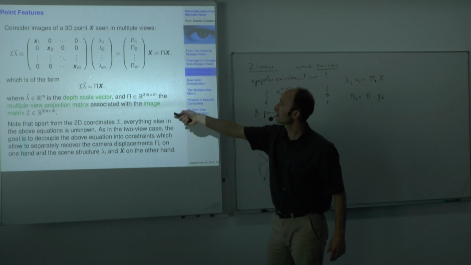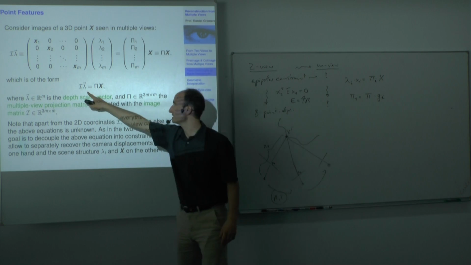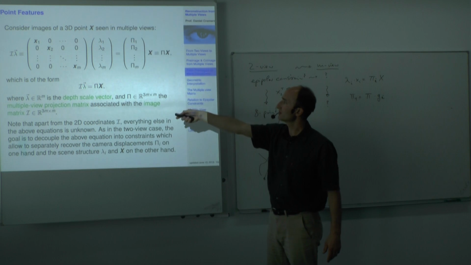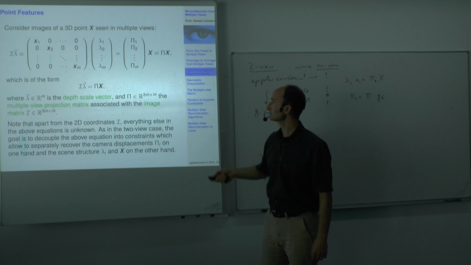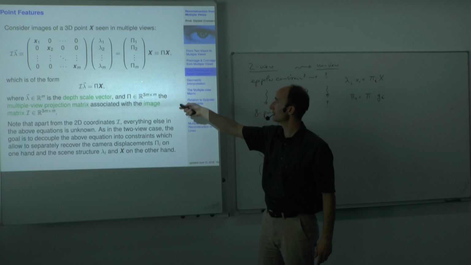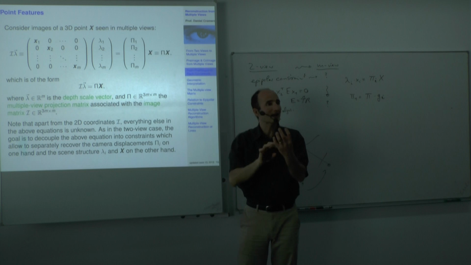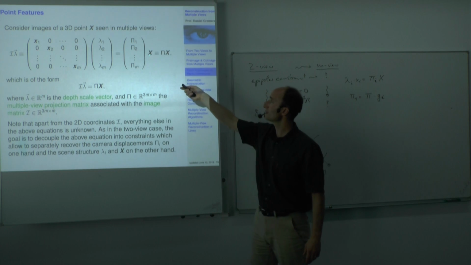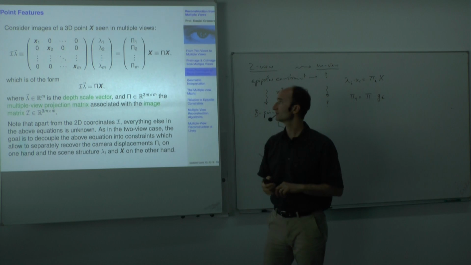And so we can write this compactly. We call this matrix I, because it's the image observations in the image. And then lambda vector is the depth values with respect to all the different images. Pi looks like a vector, but these are matrices, so it's a stack of all these projection matrices modeling the projection of a 3D point in homogeneous coordinates into image 1, 2, 3, and 4.